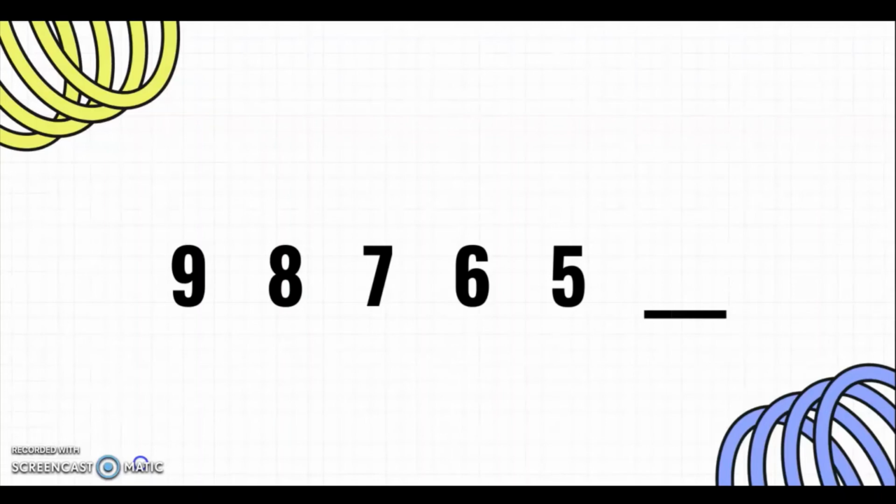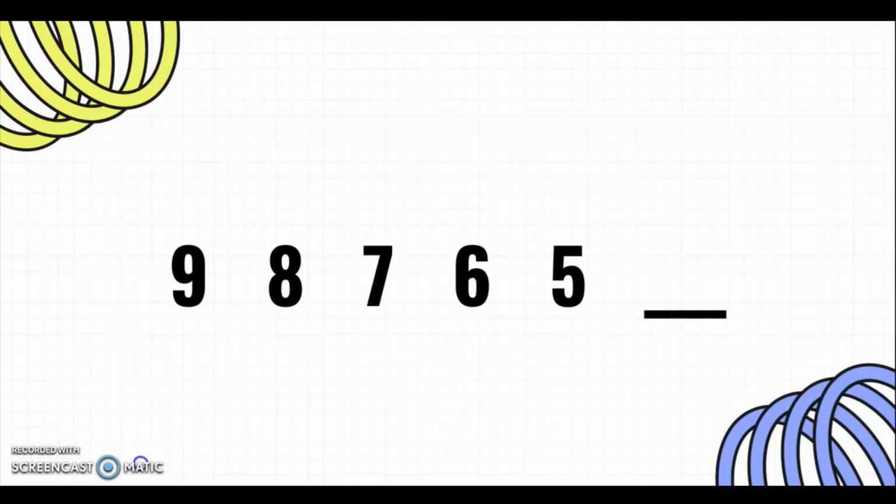We need to figure out what the final number is in this pattern. Look at the different numbers and see what pattern you notice. Once you figure out the rule these numbers are following, you'll be able to figure out this last number.